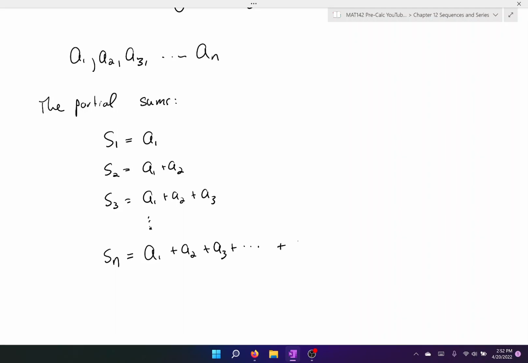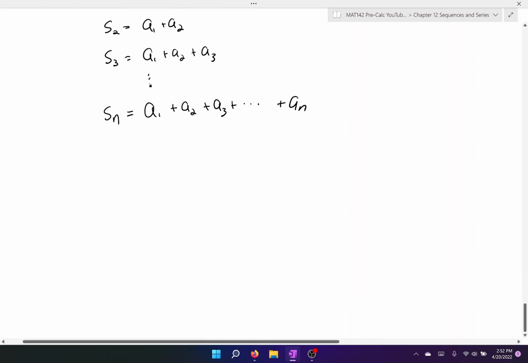And you just keep doing that until you get to An. Okay? So this is nothing more than just adding up some numbers. And what's really cool about this is you can actually generate the famous numbers that we have. Okay? So let me do first an easy example.